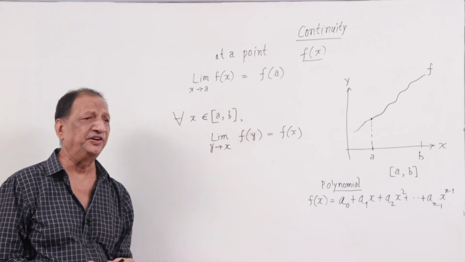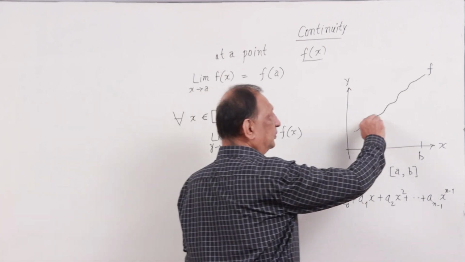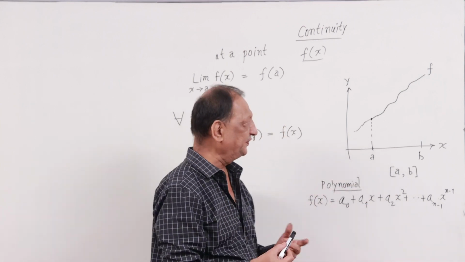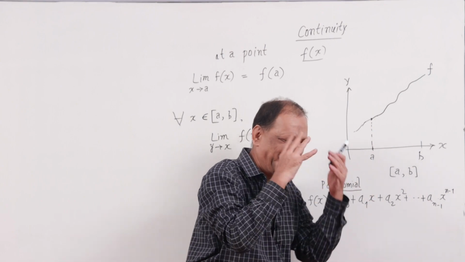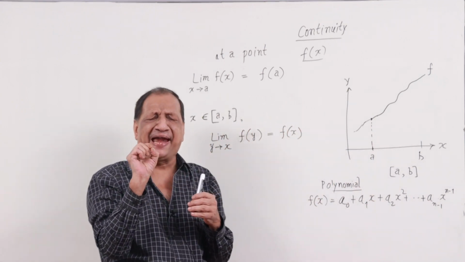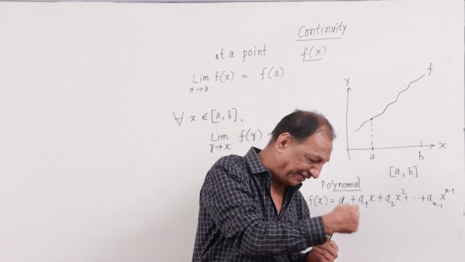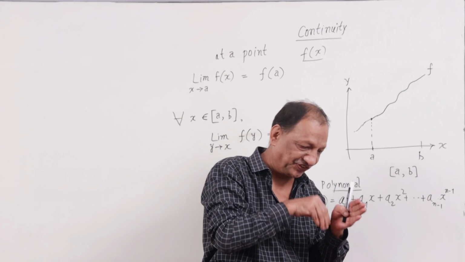Once you have continuity, it means I have a curve which I can draw without lifting my pen, which also means that I can walk on this line. Just imagine a tiny ant trying to walk on this. It can walk on it because it will find everywhere a part of that function as a step, as a road.